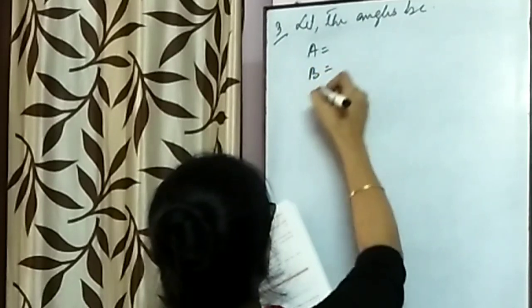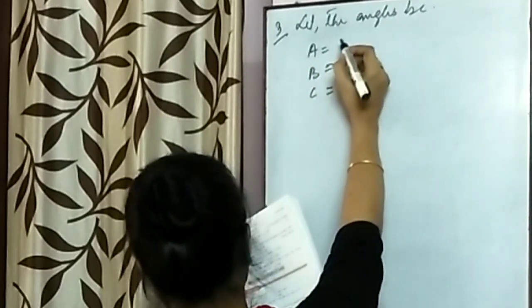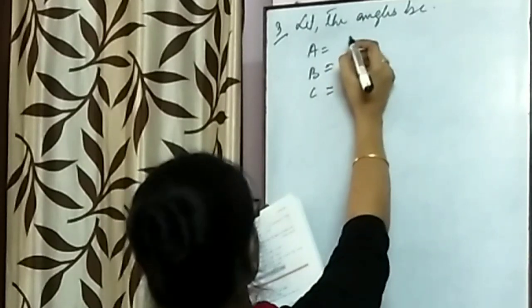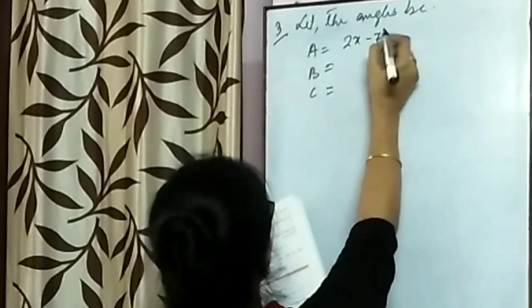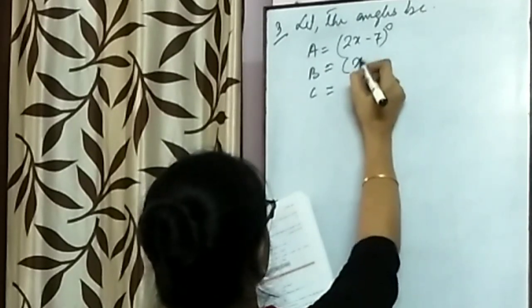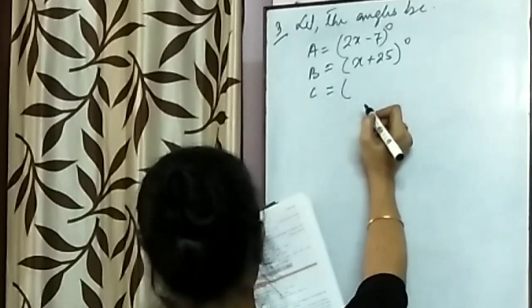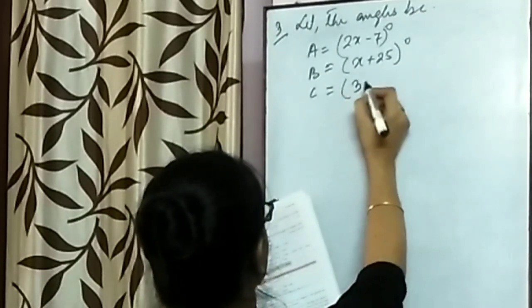By naming A, B and C, let's do. A is 2x minus 7 degrees, B is x plus 25, C is 3x plus 12.